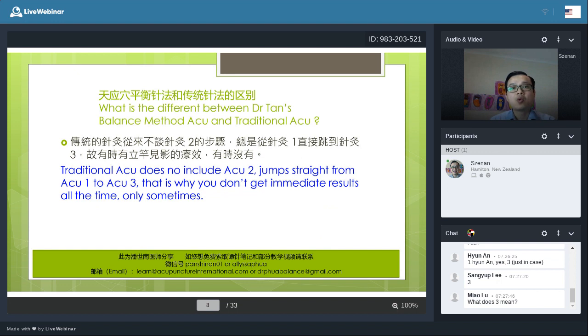Now, what is the difference between Dr. Tan's balance method acupuncture and traditional acupuncture? When I say traditional acupuncture, it's what you learn from school. But if your school teaches you Dr. Tan's balance method, and that is your traditional acupuncture, then there's no difference. When I say traditional acupuncture, it's where you learn from your school, where another master taught you.